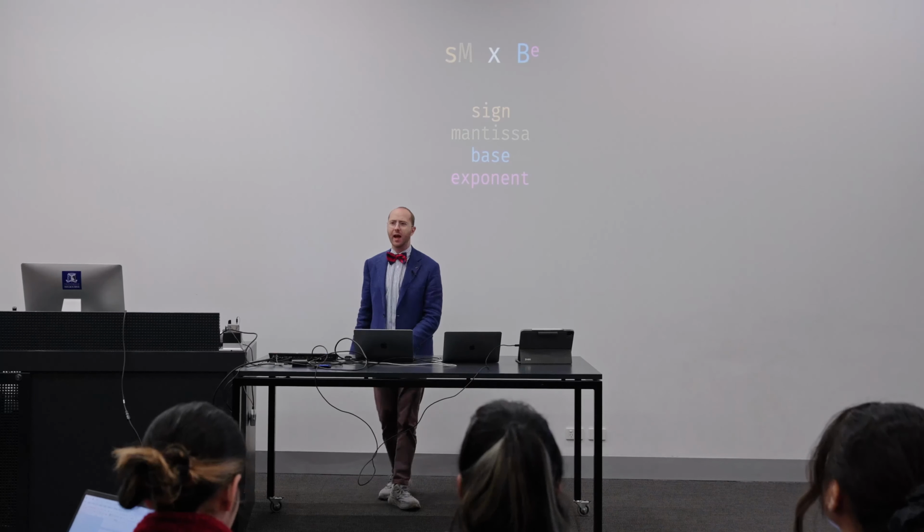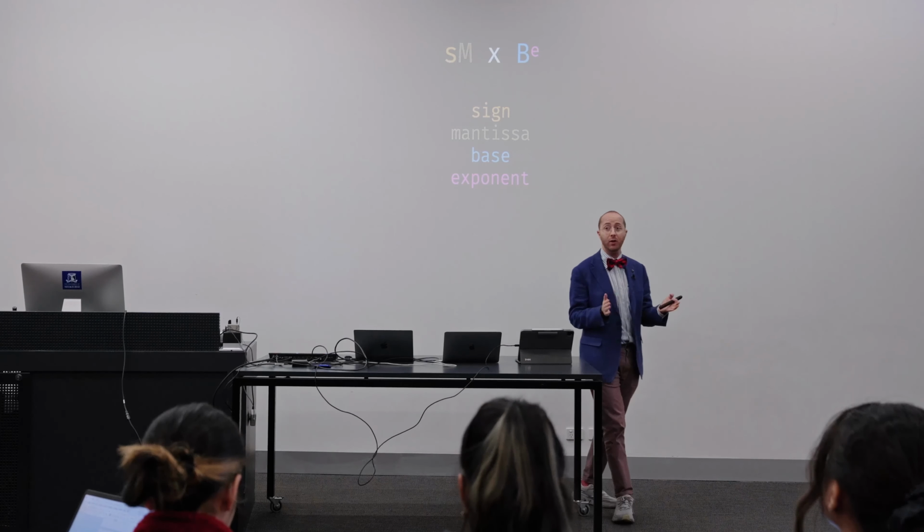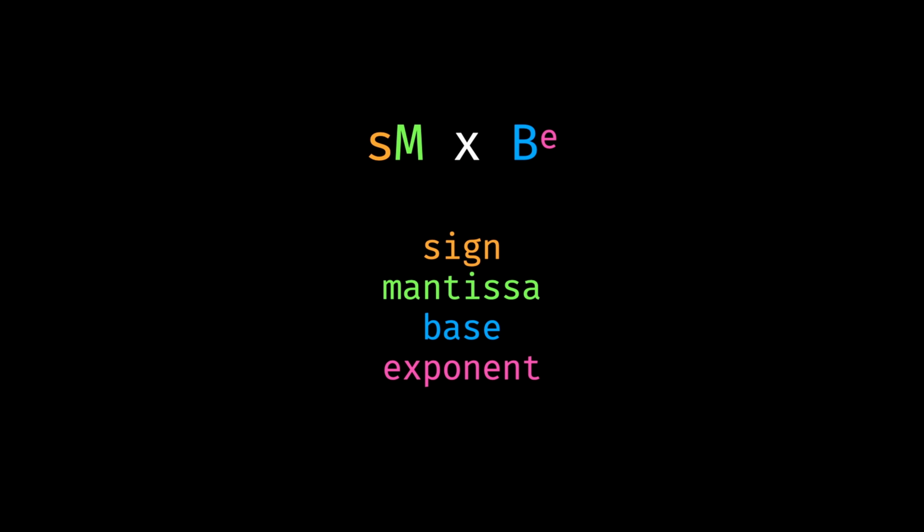So this gives us our strategy for representing numbers that allows us to scale where the significant figures are going to be. We're going to store the sign in 1 bit. We're going to store the significant figures in what we will call the mantissa. That's just a fancy word for significant figures.